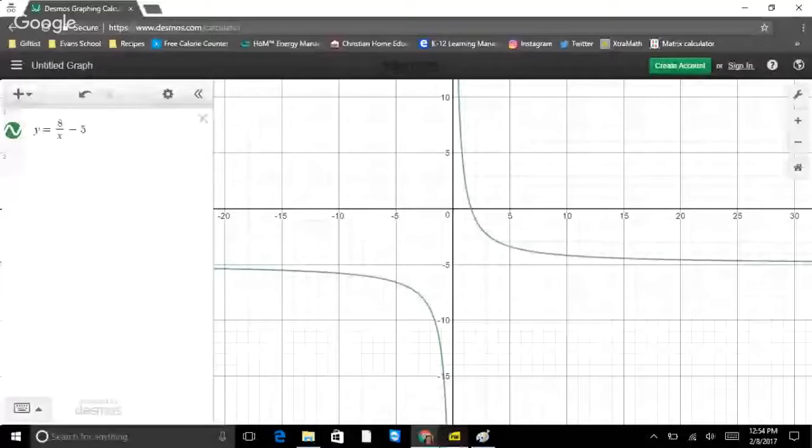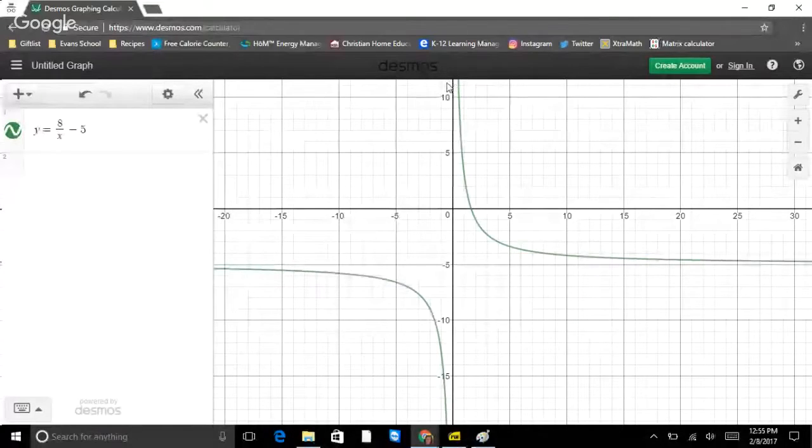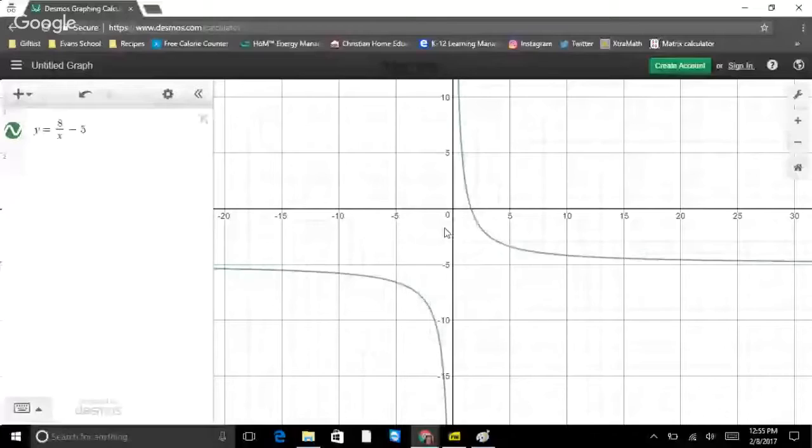I have an asymptote right along the y-axis. Now my range. It looks good as I get to negative, and there's an asymptote there at y equals -5. So my range is going to be all real numbers except for -5.